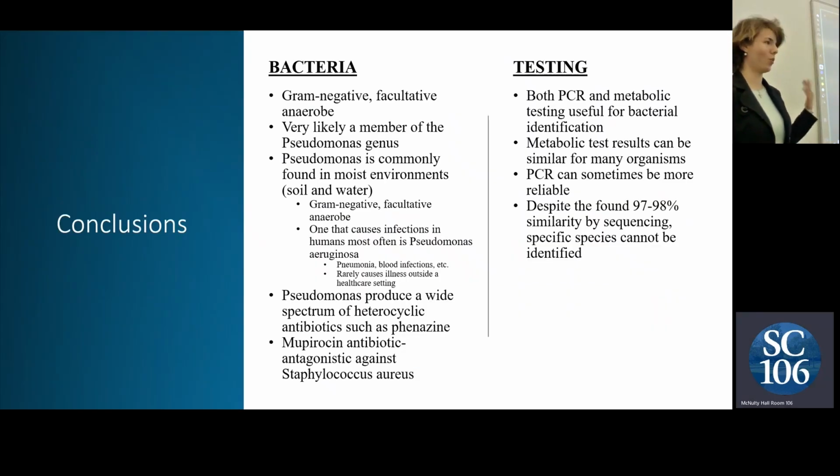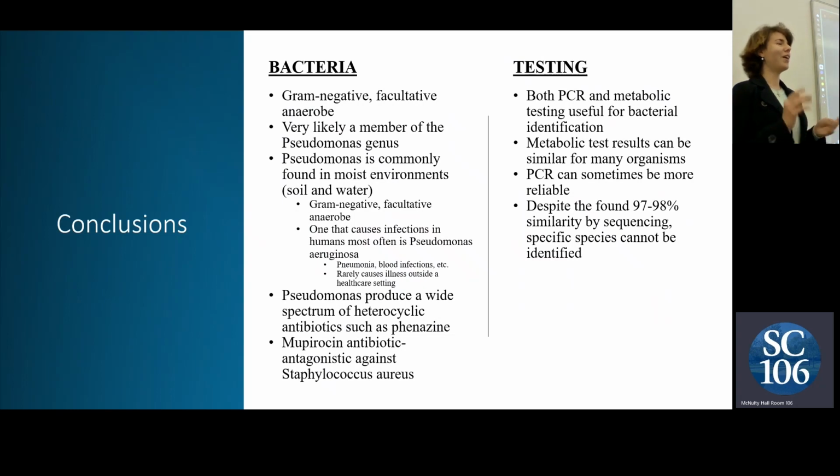So conclusions, or what did we learn from this project? We learned that our bacteria is a gram-negative facultative anaerobe, and that it's likely of the Pseudomonas genus. Pseudomonas is, once again, gram-negative, and it is a really nasty bacteria when it comes to hospitals.